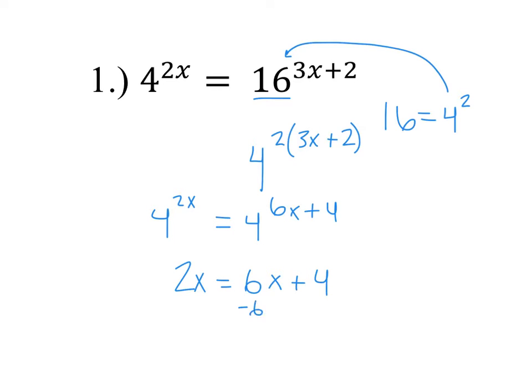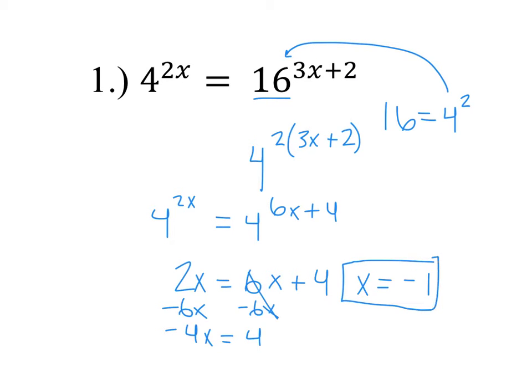By subtracting 6x, subtracting 6x, I get negative 4x equals 4, therefore x equals negative 1. And that is using the property of equality to solve for an exponential equation.